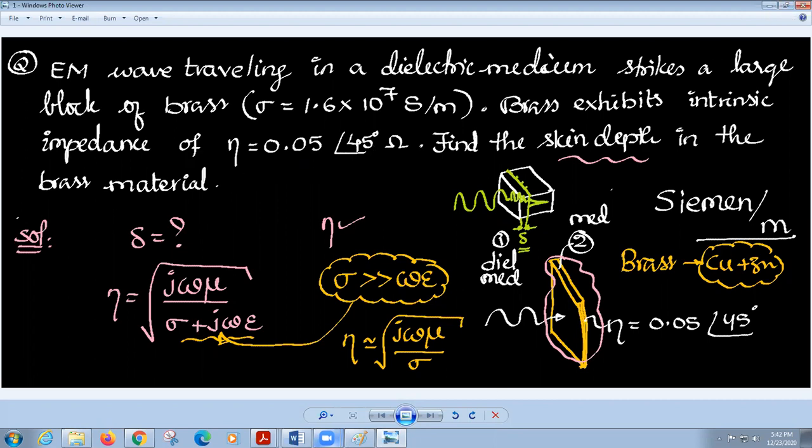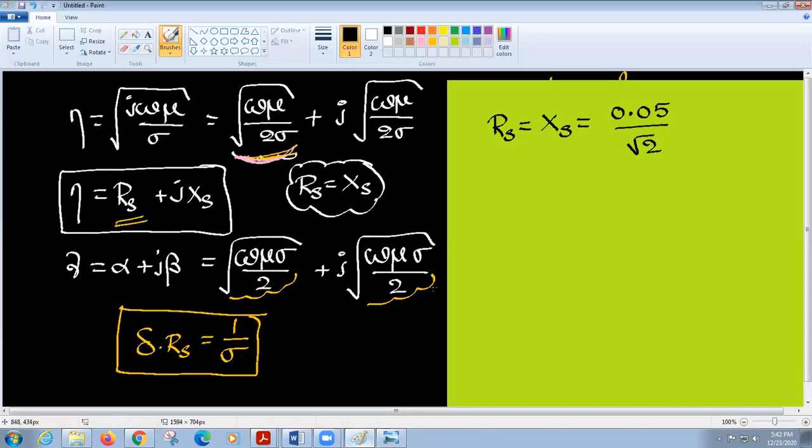So therefore, I use that. Given eta is equal to 0.05 at 45 degrees. So I can say eta is equal to 0.05 by root 2 plus j, again the same 0.05 by root 2.